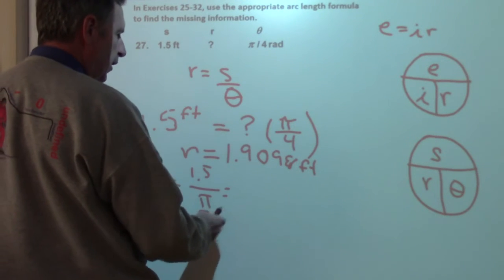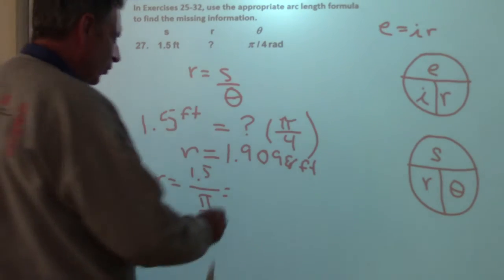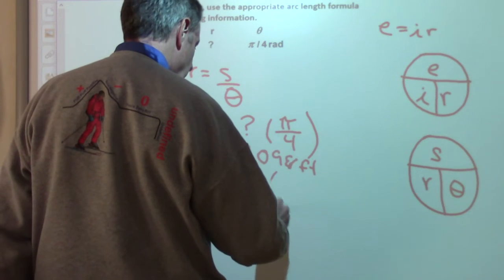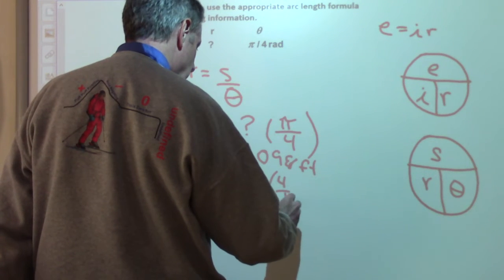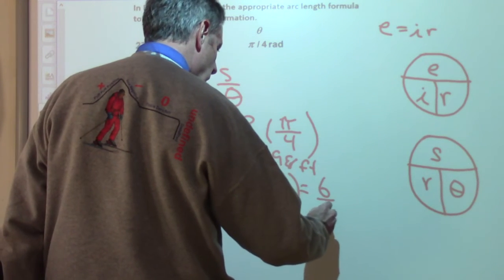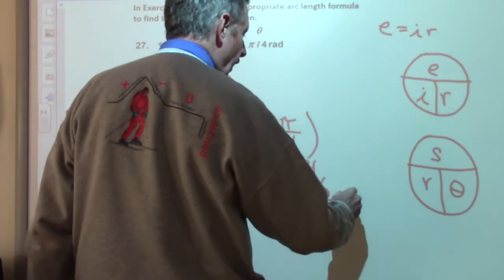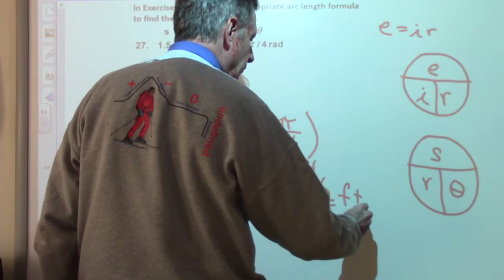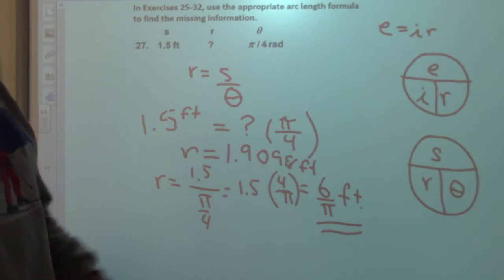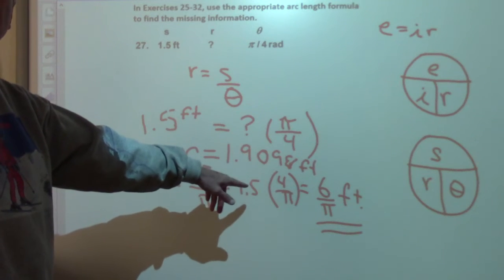Dividing by a fraction is the same as multiplying by the reciprocal. So you can also write this as 6 over 5 feet, right? Does that make sense?